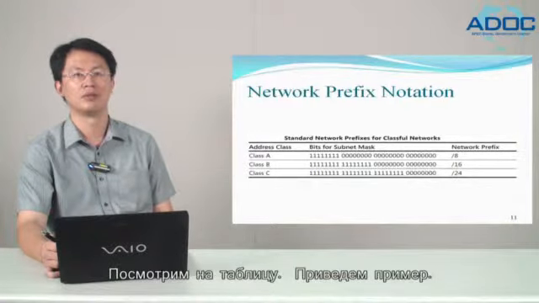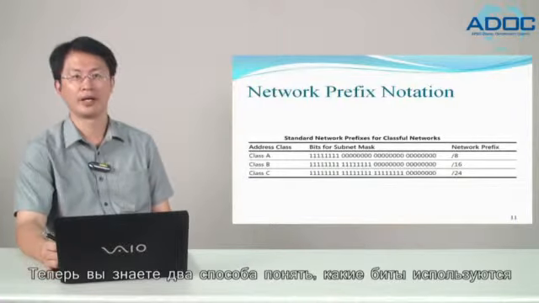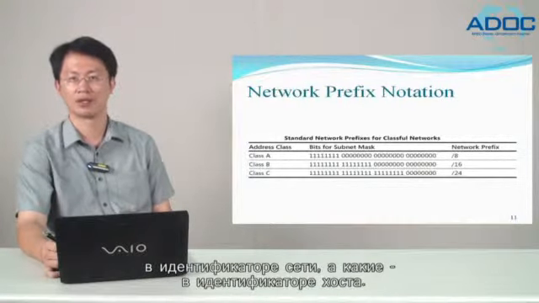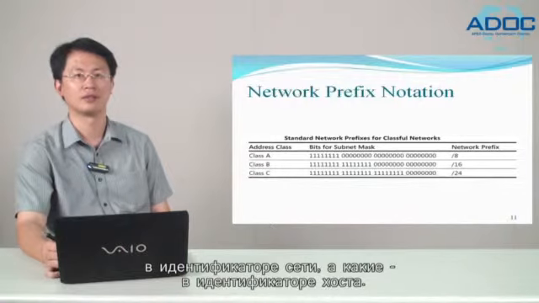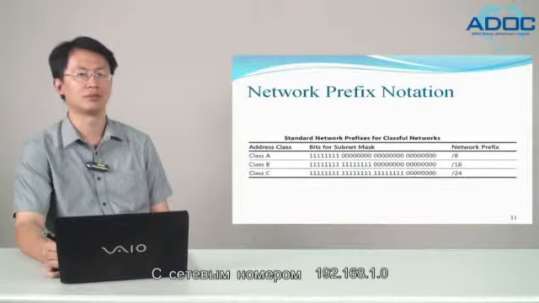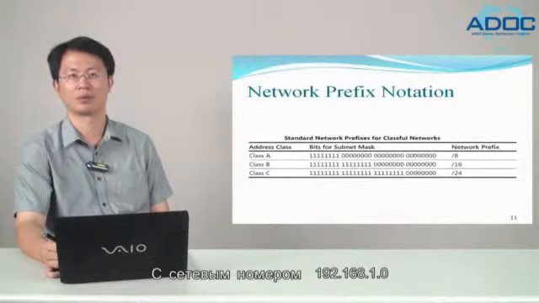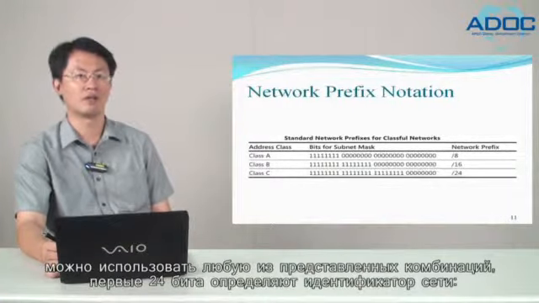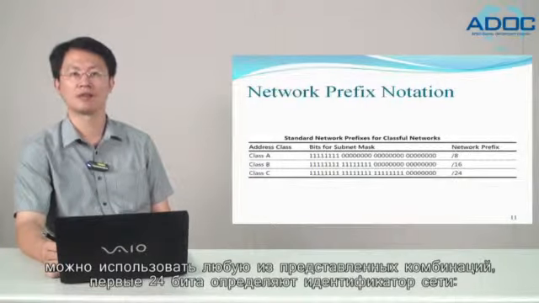For example, you now have two ways of detailing which bits are used for the network ID and which bits are used for the host ID. With the network number 192.168.1.0, you can use either of the following to specify that the first 24 bits identify the network ID.